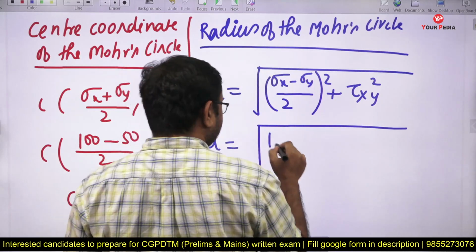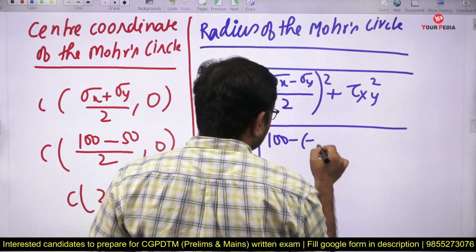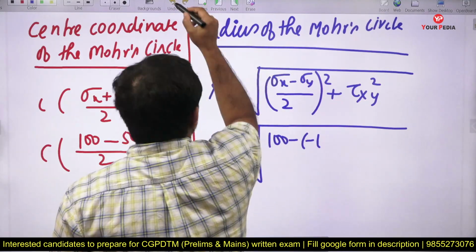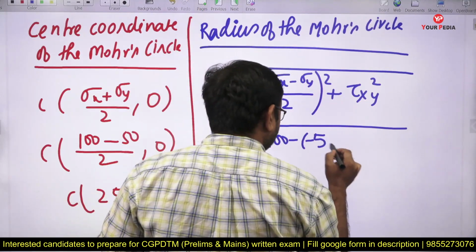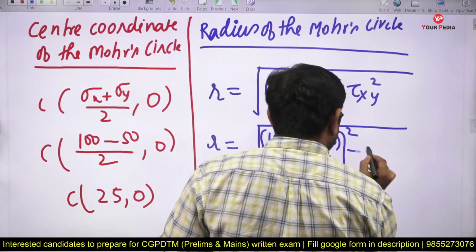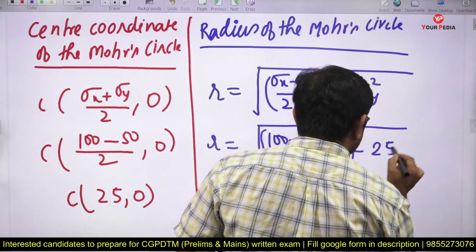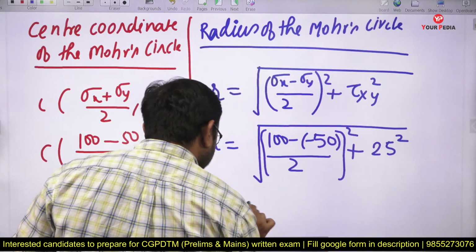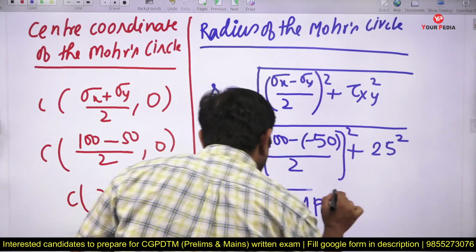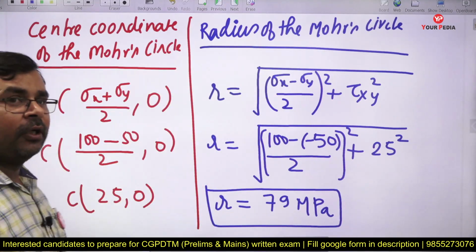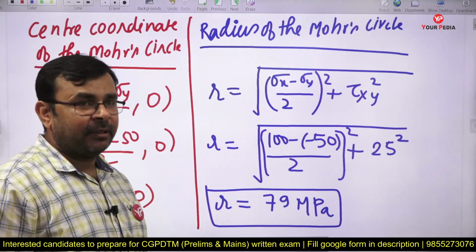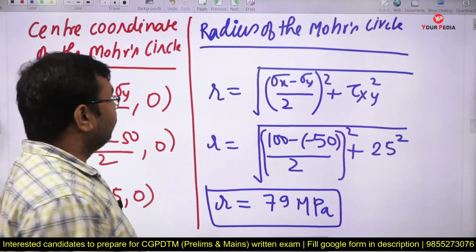Sigma x is 100, minus of minus 50, by 2 whole square plus 25 square. After solving this we get approximately 79 megapascal. Actually we get 79.054, so we leave that and take 79 megapascal.